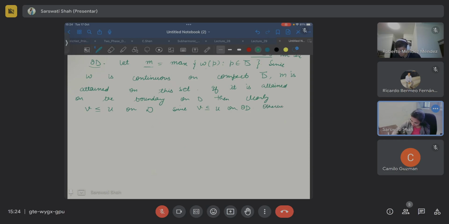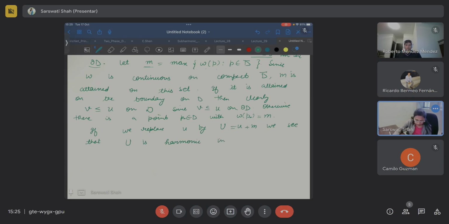Otherwise, there is a point P naught belonging to D with W of P naught equals to M, and if we replace U by capital U equals U plus M, we see that capital U is harmonic in D, because this M is going to be a constant.